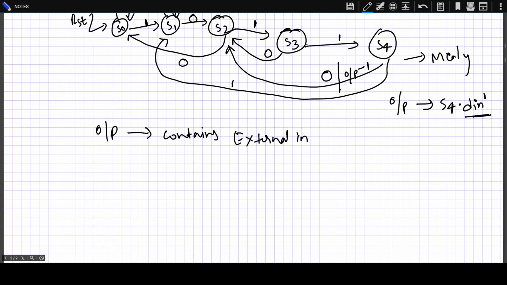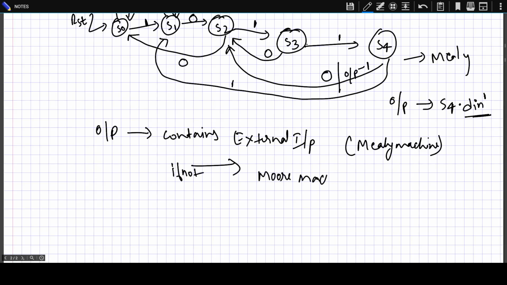If it doesn't contain any external inputs, then it's a Moore machine. You will understand it a bit better when you actually see the diagram for the Moore machine.